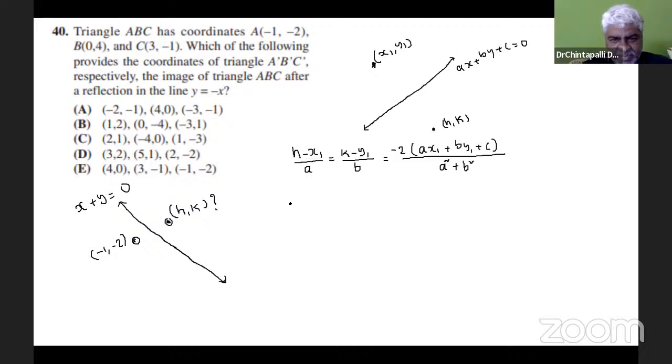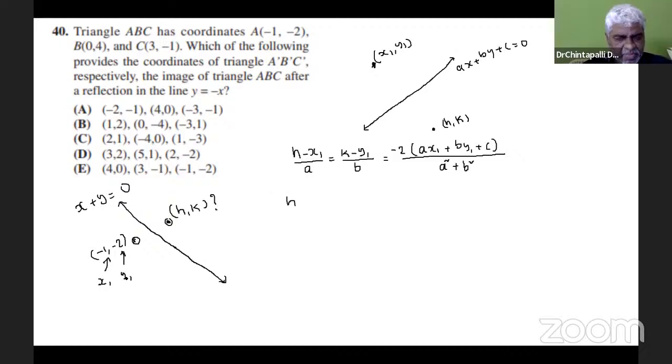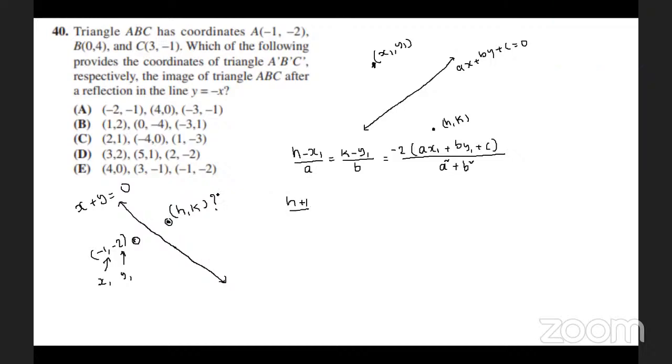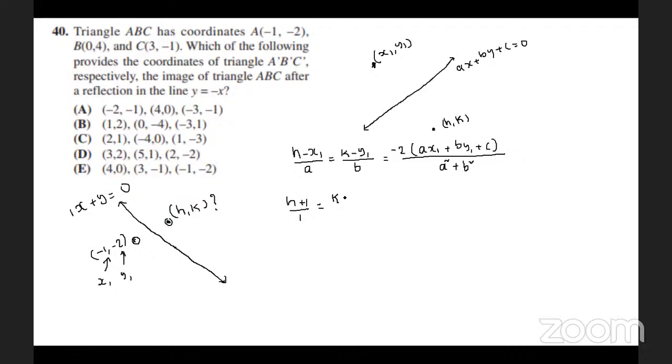Use this formula: h minus x1. This is the point x1, y1. h plus 1. Very good. h plus 1 by a. a means the x coefficient, 1. Very good. h plus 1 by 1 is equal to k plus 2 by 1.